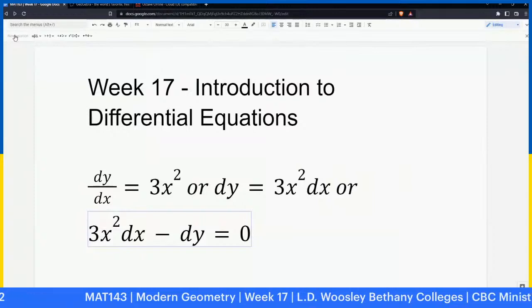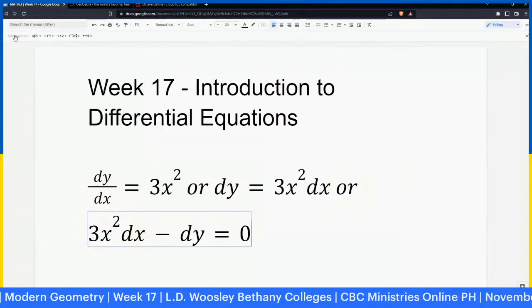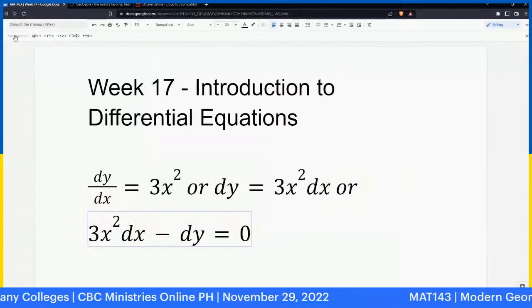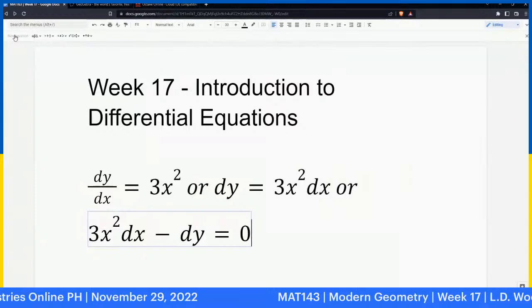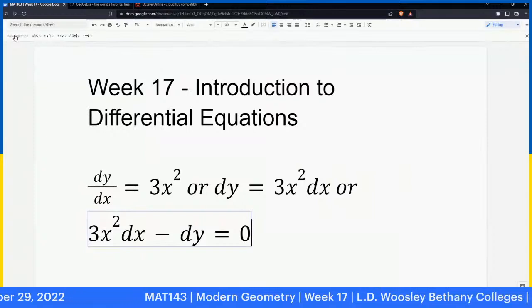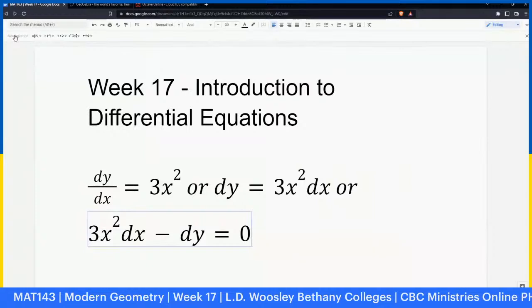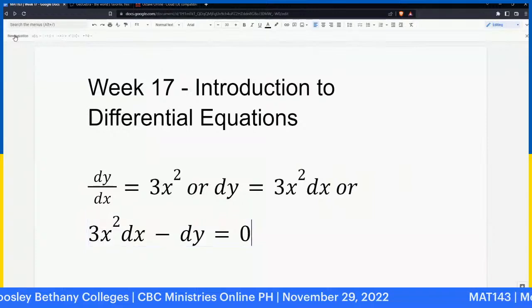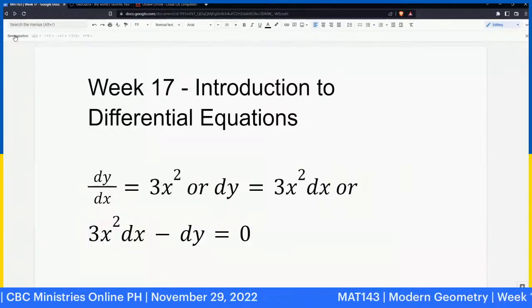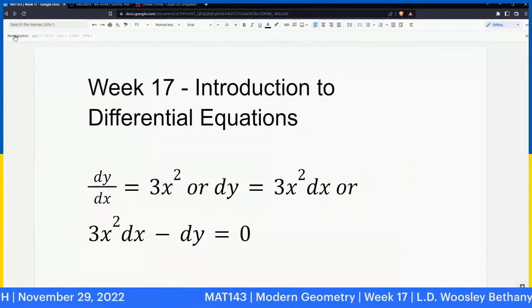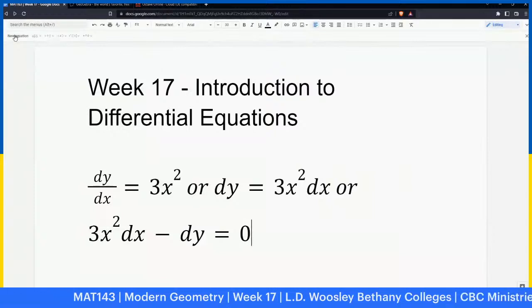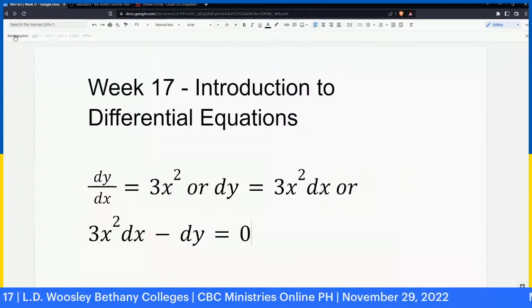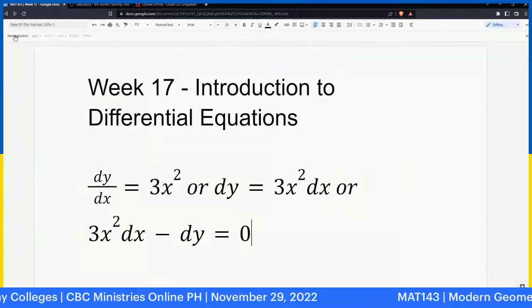So we have a particular solution or a general solution. It could be a general solution if there are no parameters. From a general solution, if you have a specific condition, you could solve for a particular solution out of the general solution.